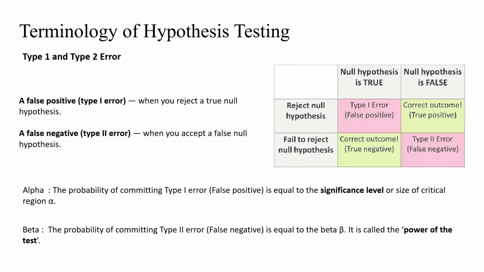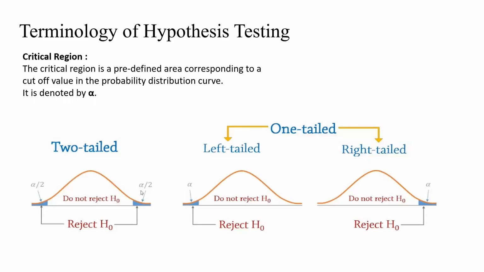This is about the errors, and we have also seen a term called critical region. A critical region is basically, under a sampling distribution, the set of values for which, even if your sample statistic falls in that region, you can ignore it.